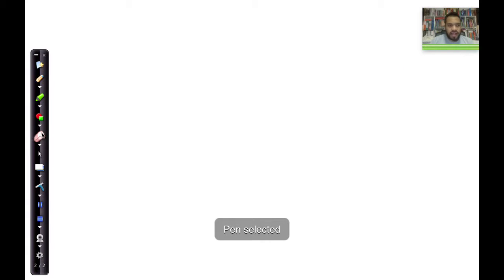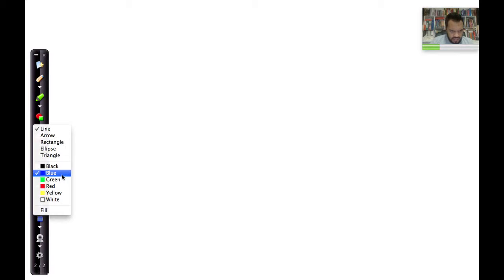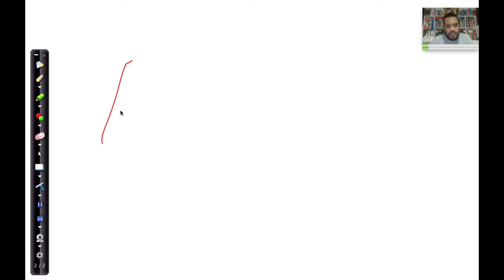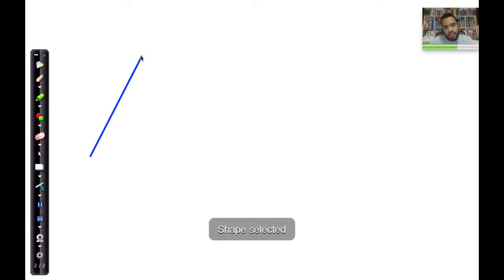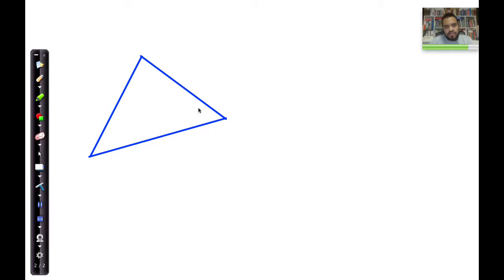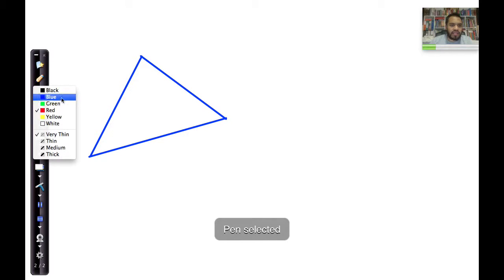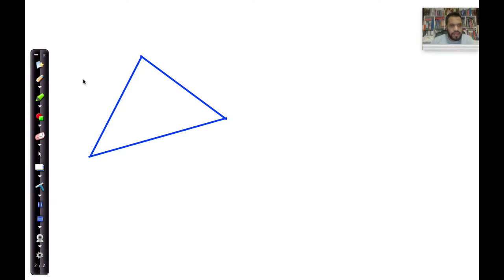Let's get our shape back up there, and let's get our triangle drawn. If you look carefully, you're going to see that there is a triangle. I'm going to label the vertices first.